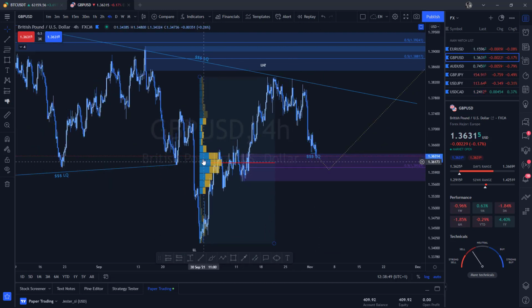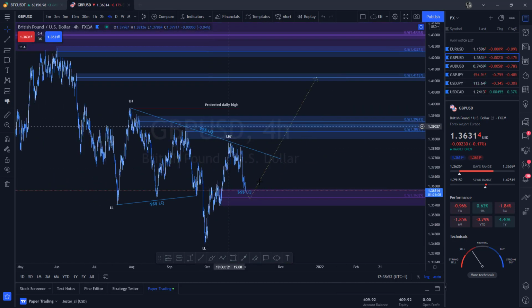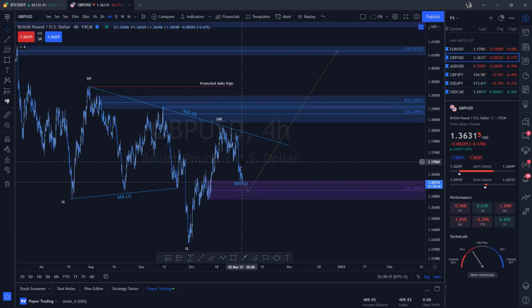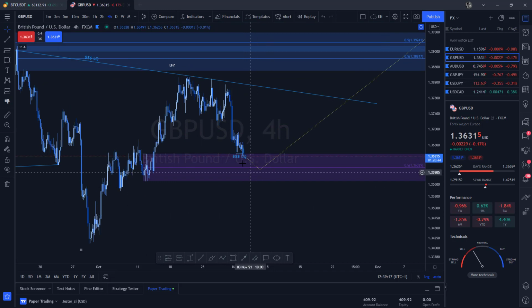That's one thing, and the other thing is the idea of liquidity being made on the top, and this move down took liquidity from these lows here. So I'm expecting liquidity to be taken from this trend line at least. That's why I'm looking to go long here.